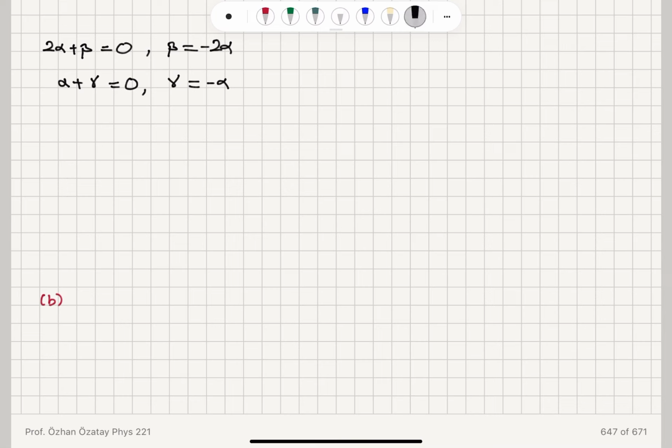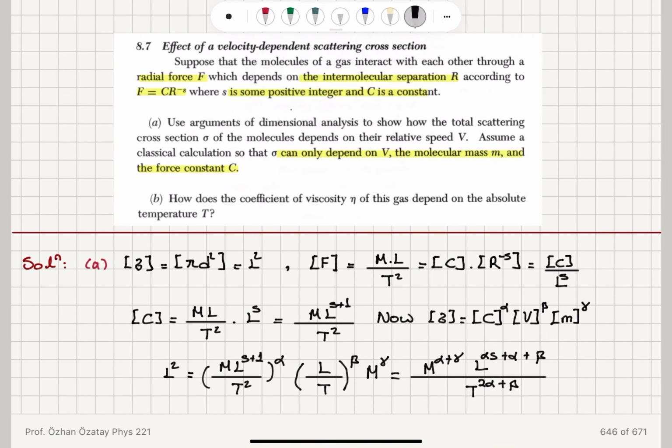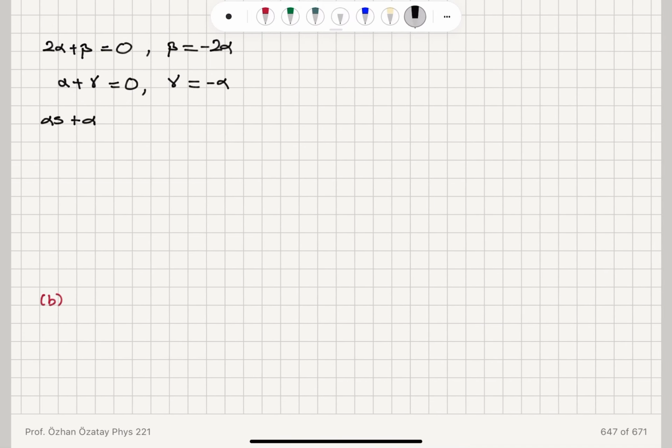Where beta is minus 2 alpha, let's substitute that here: minus 2 alpha should be equal to 2. So this gives us alpha s minus alpha equals 2. In other words, alpha is equal to 2 divided by s minus 1.